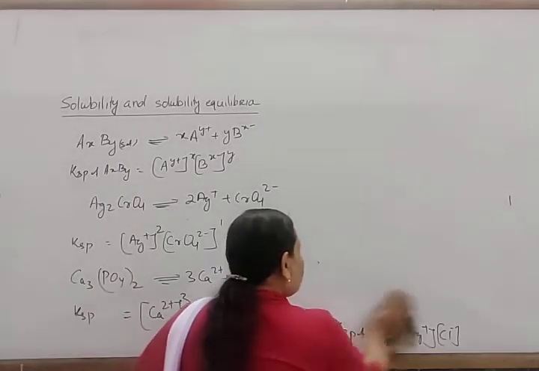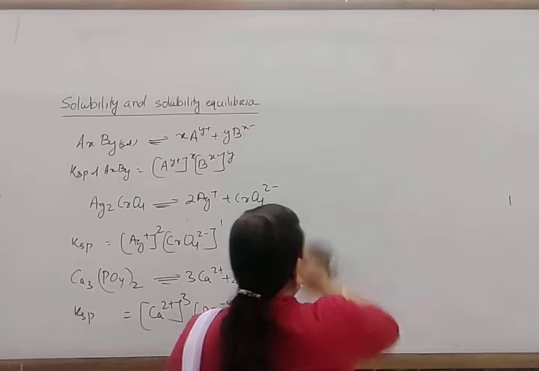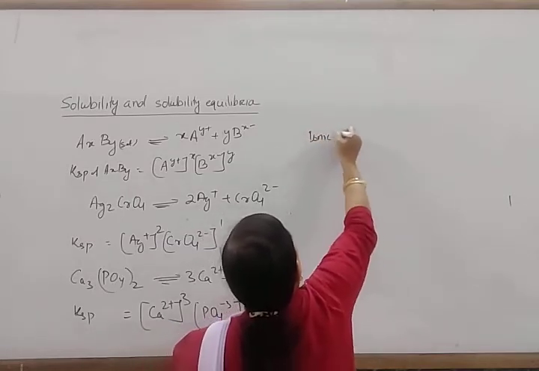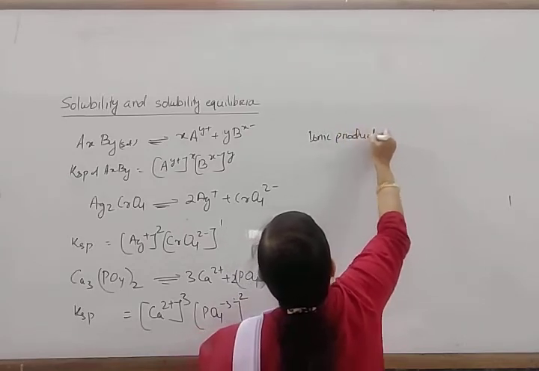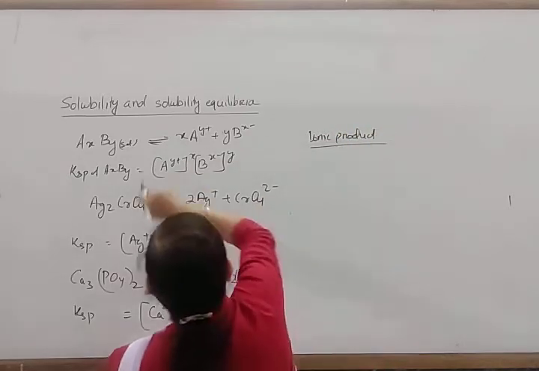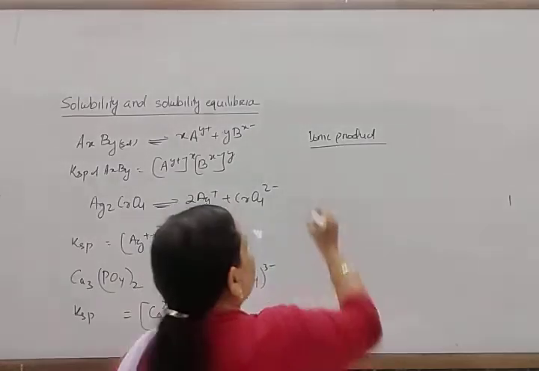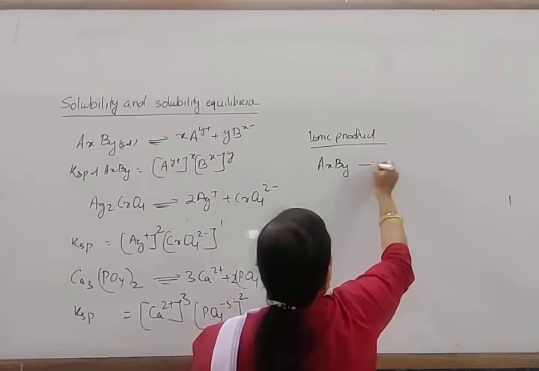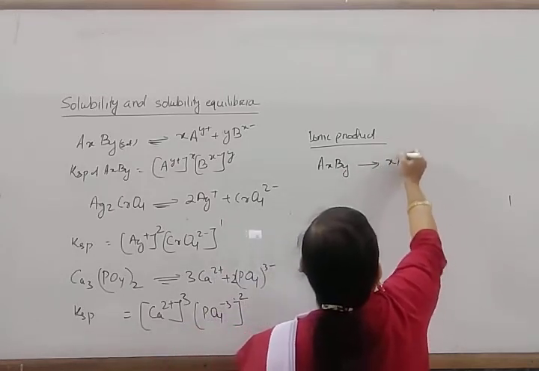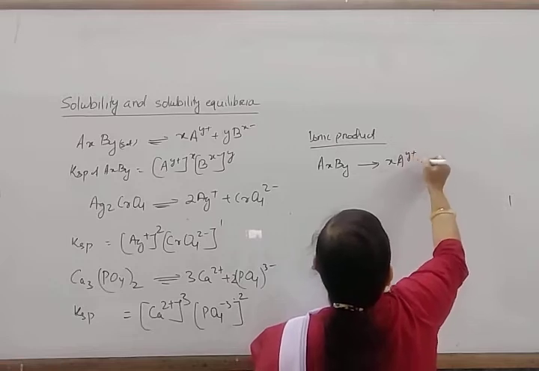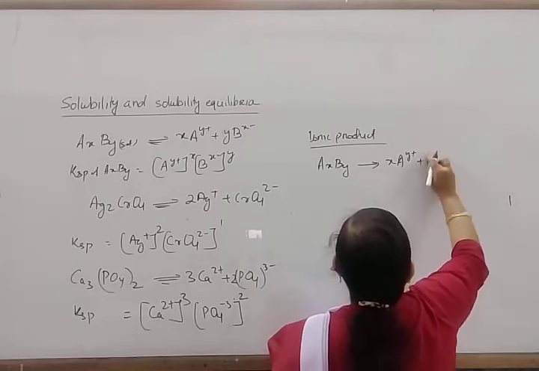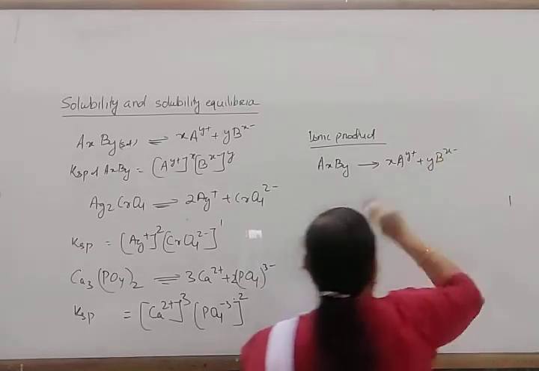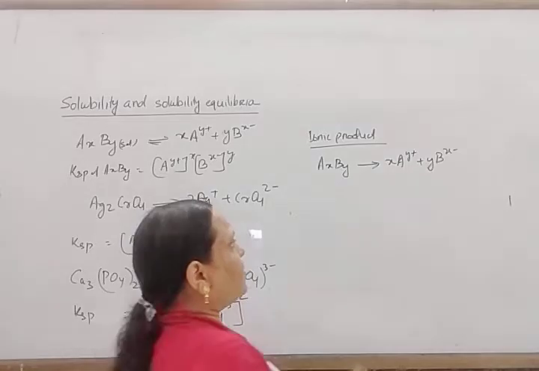Next comes another term that is known as ionic product. Ionic product has the same expression as that of the solubility product. Suppose we consider the same salt AxBy. It dissociates to give x number of A y plus and y number of B x minus.